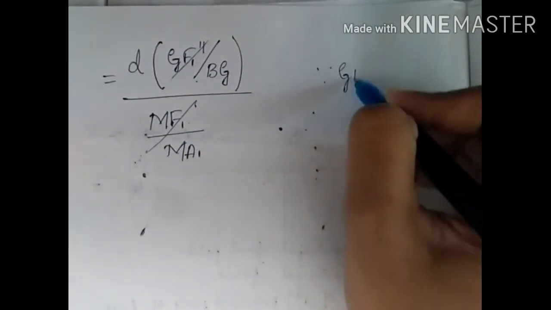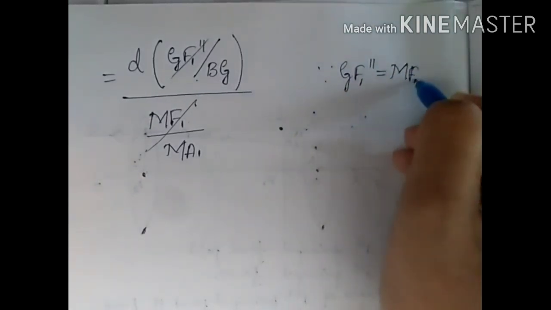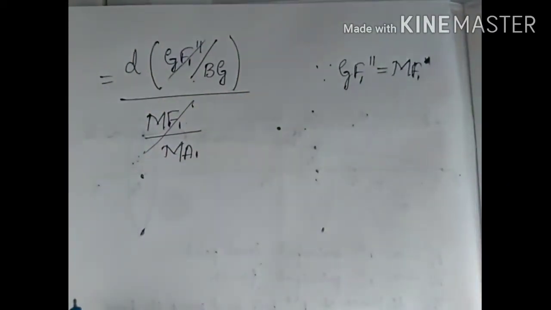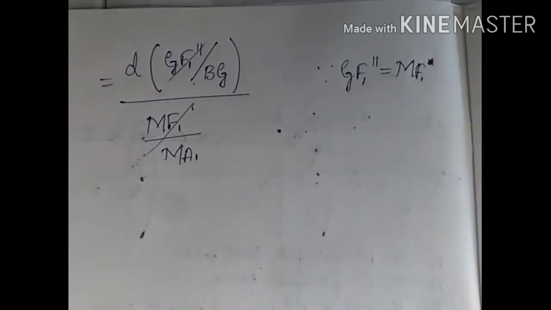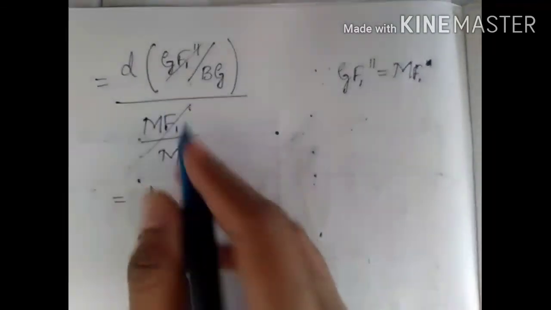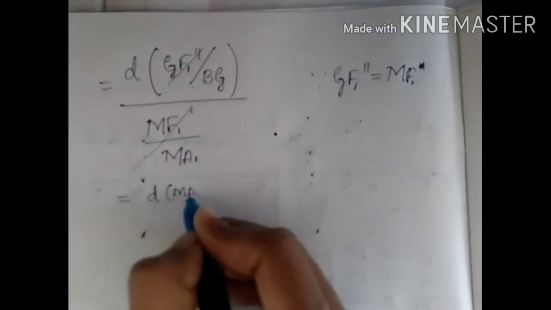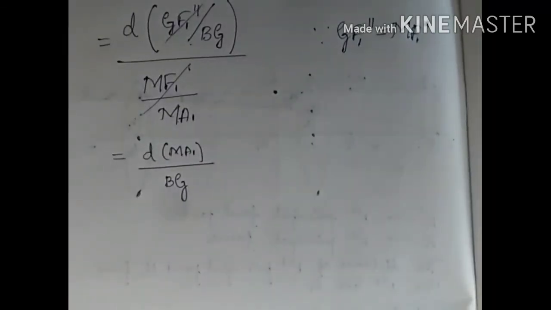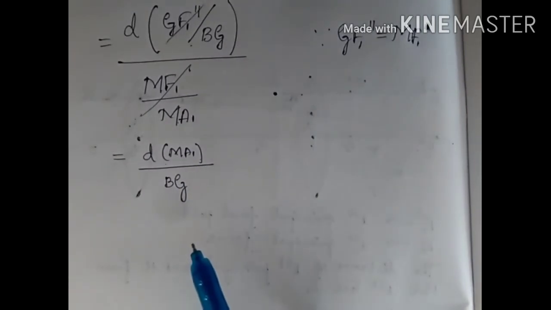Because GF1 double prime is equal to MF1. So this is not double prime here, it is just MF1. So what is left is d, so MA1 divided by BG. After cancellation we are left with MA1 divided by BG.